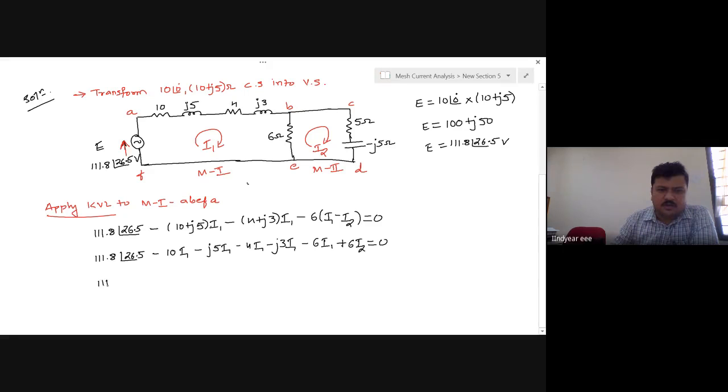Or I can write 111.8 at an angle 26.5, minus the real terms: 10I1 plus 4I1 plus 6I1, that is minus 20I1; minus J5I1 minus J3I1, that is minus J8I1; plus 6I2 equals 0.